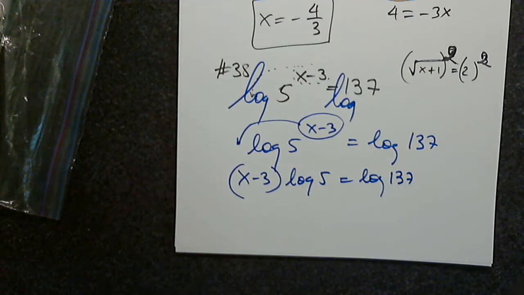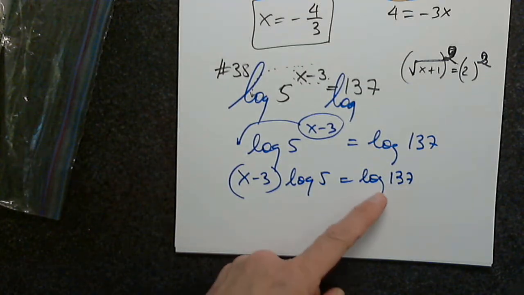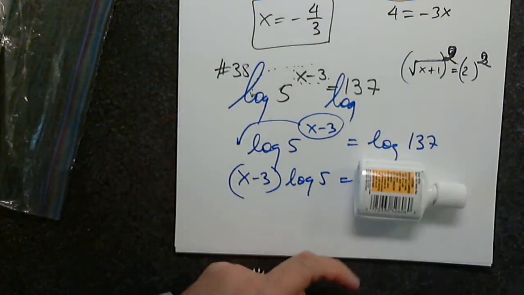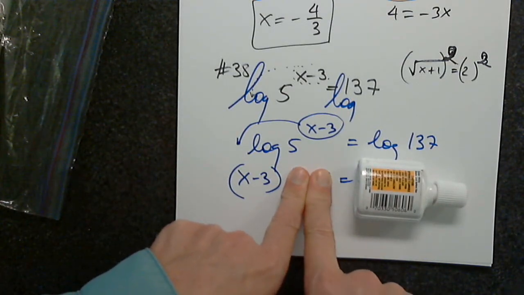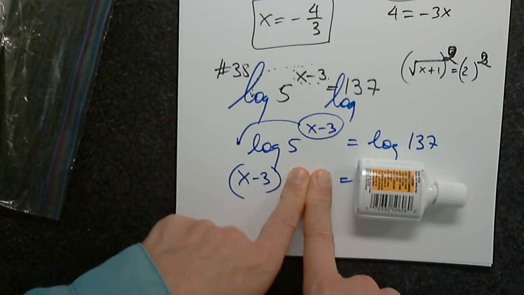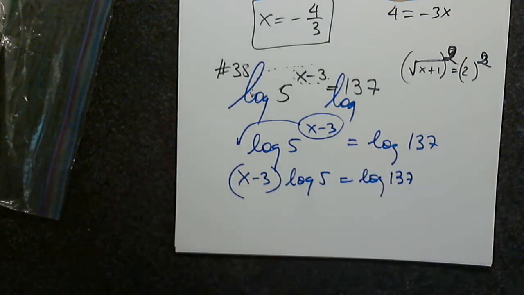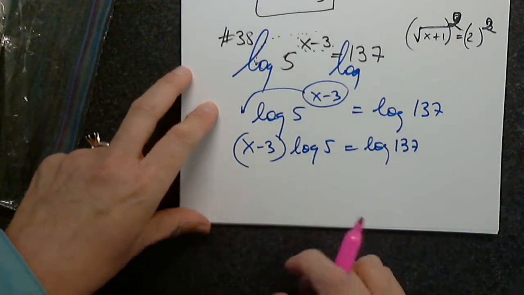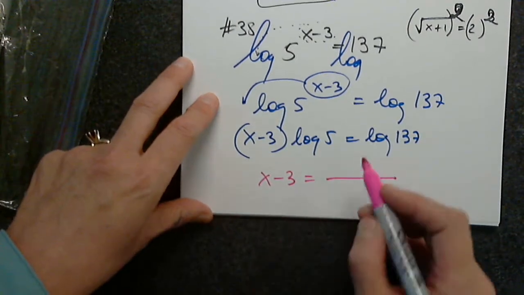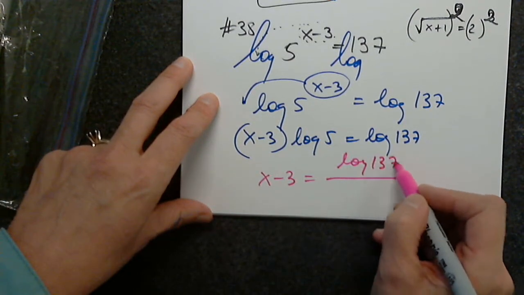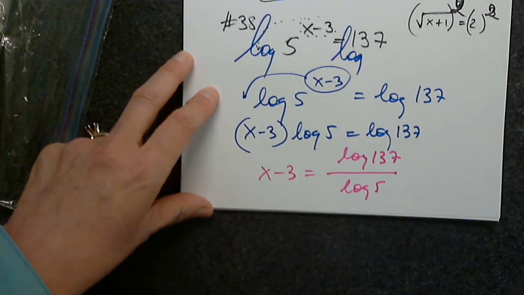I want to mention one thing. Do not ever get intimidated by this. It's just a number. It's log 5, log 137, just a number. So what do you do next? x minus 3 equals log 137 over log 5.